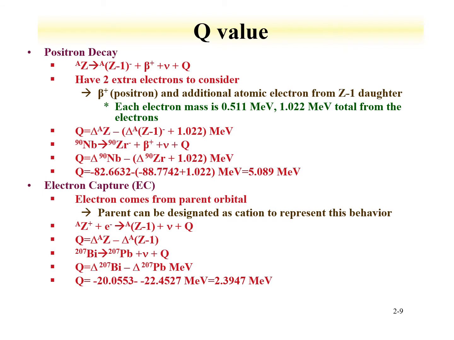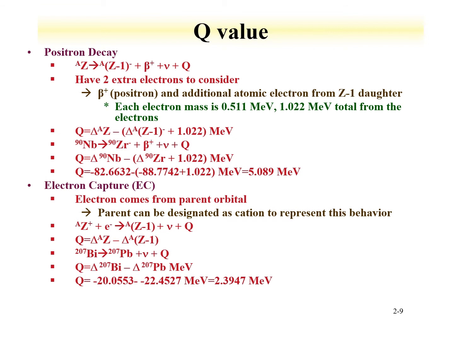So let's consider a decay where niobium-90 decays to zirconium-90. A positron is emitted. So we look up the mass excesses for niobium-90 and zirconium-90. We know that the mass of the electrons are listed here. We get a value of 5.089 MeV.